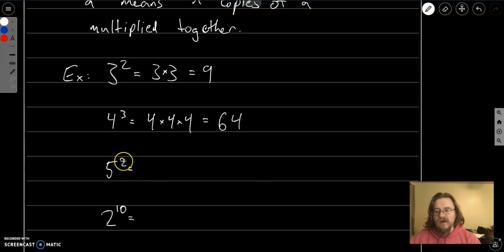Also down here, 5 to the second power is going to be 5 times 5, which is 25.